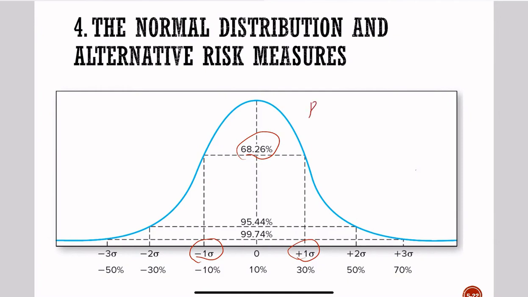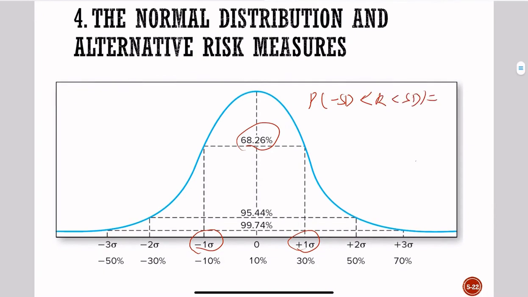That is, the probability of return lying within 1 standard deviation is 68.26%.